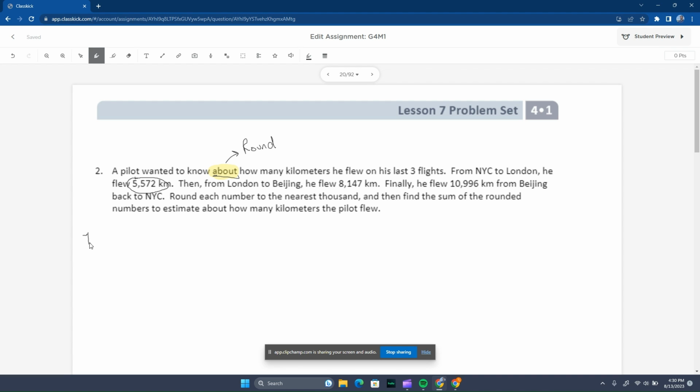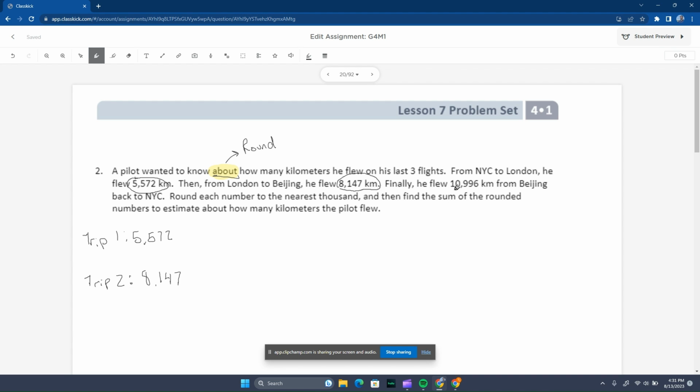So trip 1, he flew 5,572 kilometers. That's going to be one of the numbers I need to round. Then from London to Beijing, he flew 8,174 kilometers. That's the second trip. So trip 2, he flew 8,147 kilometers.